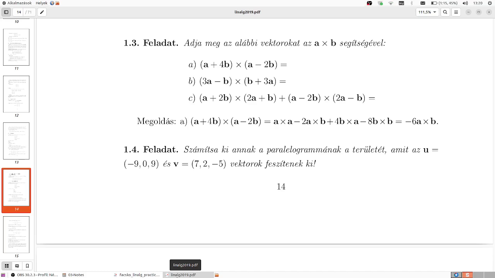Everything is right. And the last step is 3 A plus B. Thank you very much for your assistance.